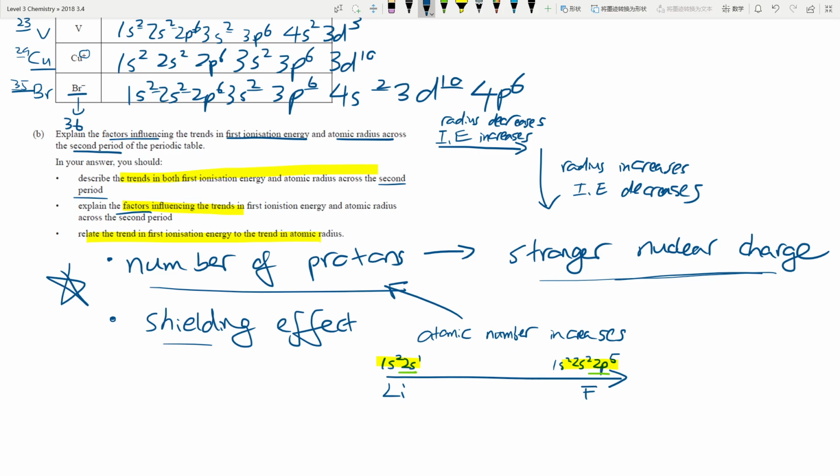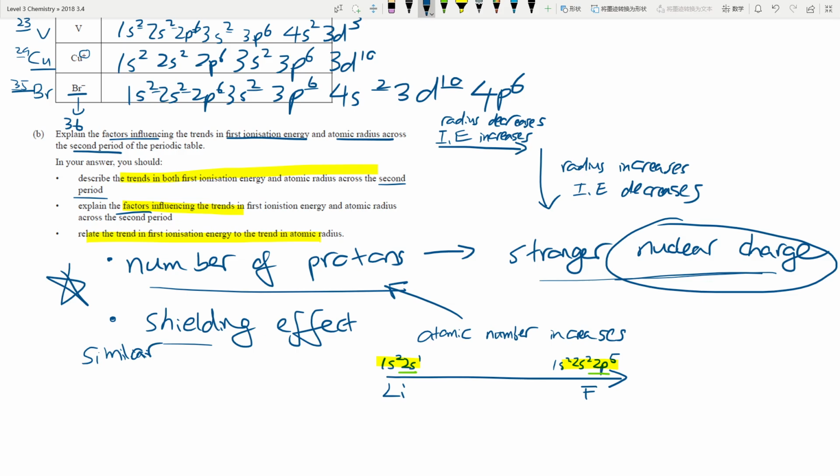So they would have a similar sort of shielding effect, but because the teacher gets bigger, as there are more protons as the atomic number increases, the nuclear charge is now greater, and there's similar shielding effect.